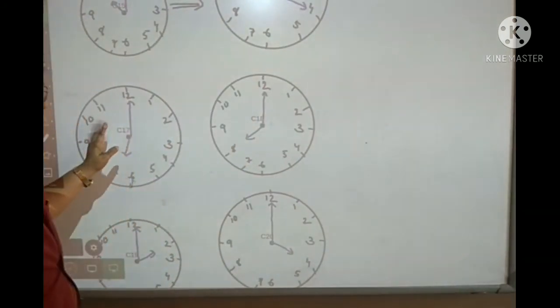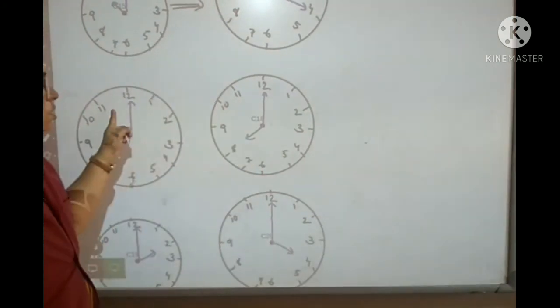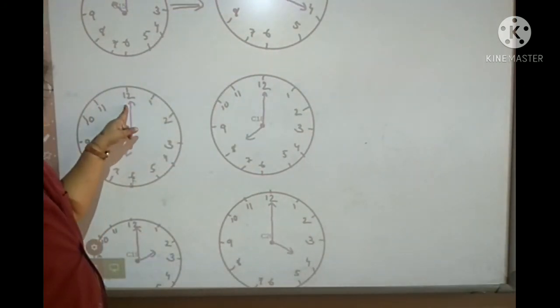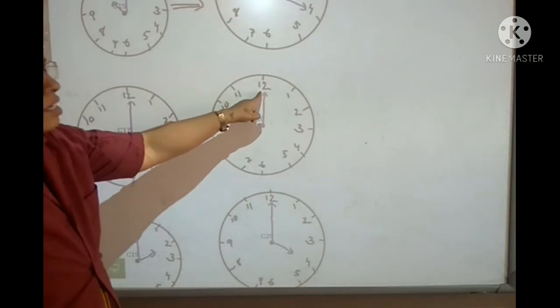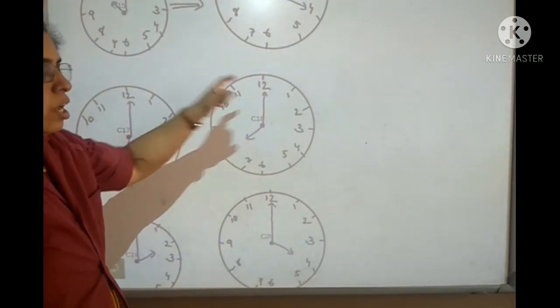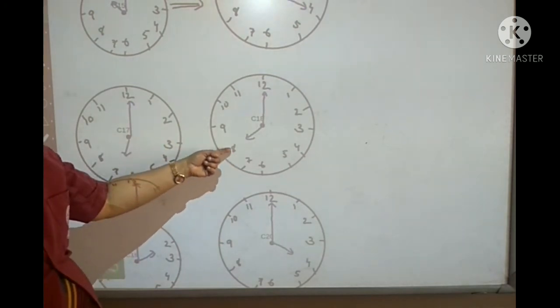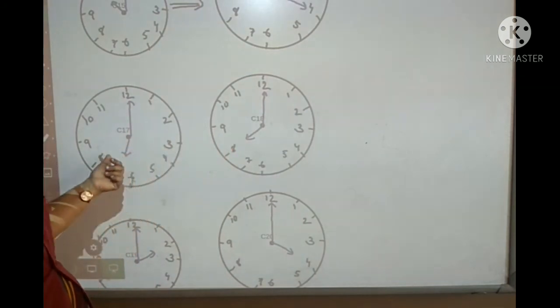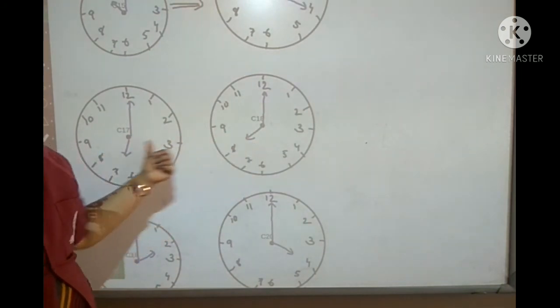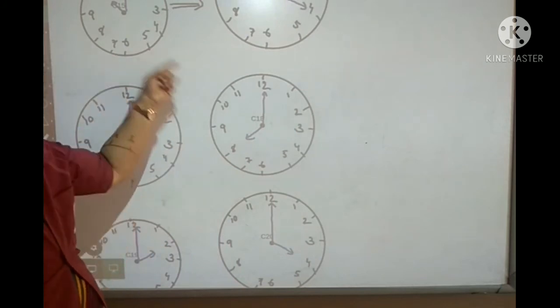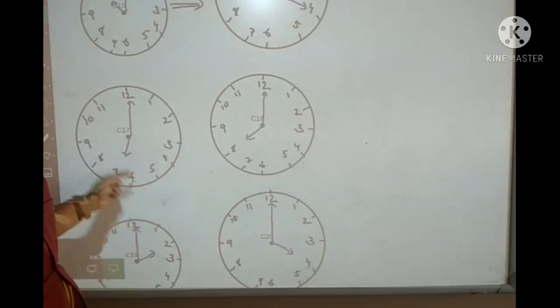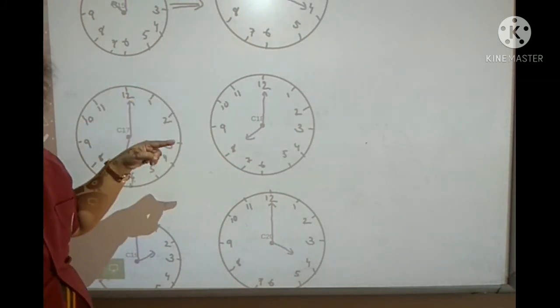That means the minute hand is the same in both. In the first clock it is 12 and in the second clock it is also 12. Now see the hour hand. This is 7 o'clock and this is 8 o'clock. That means 1 hour passed. How many minutes? 1 hour, otherwise 60 minutes.